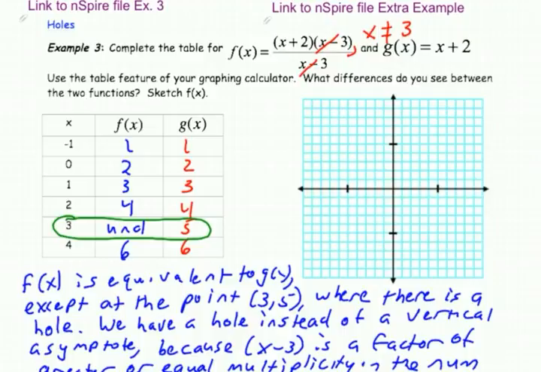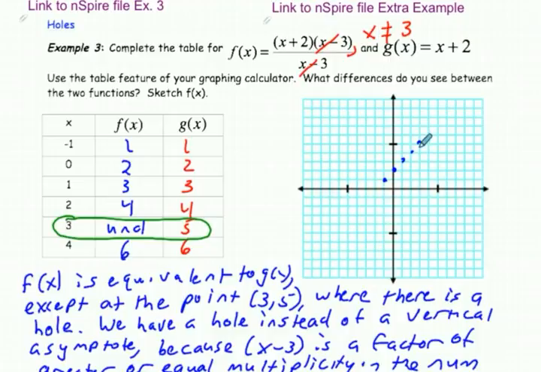Okay, so let's graph the function. I'm going to graph f of x in blue. Put these points on. So I have -1, 1; 0, 2; 1, 3; 2, 4; and 3 undefined.